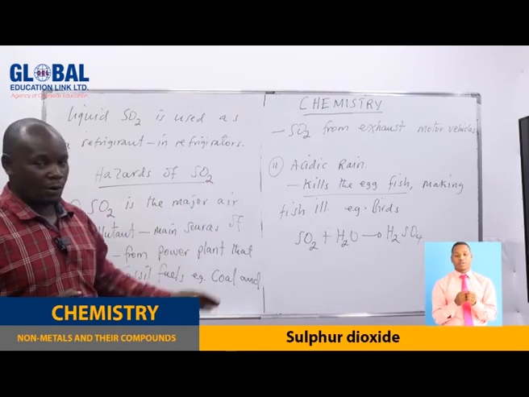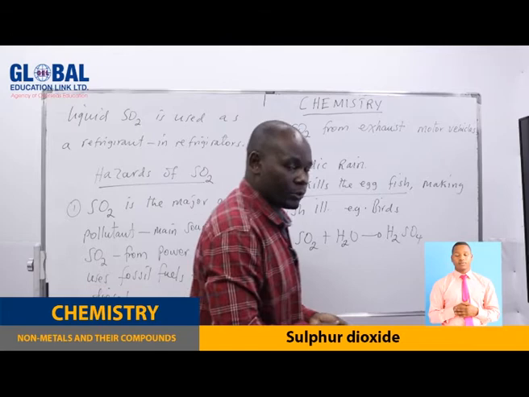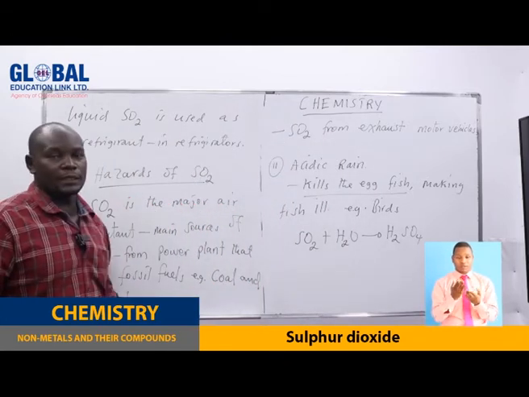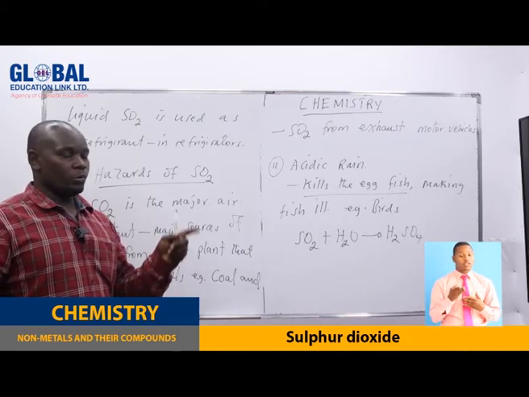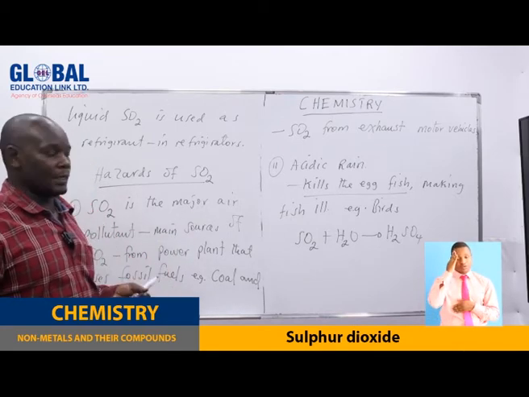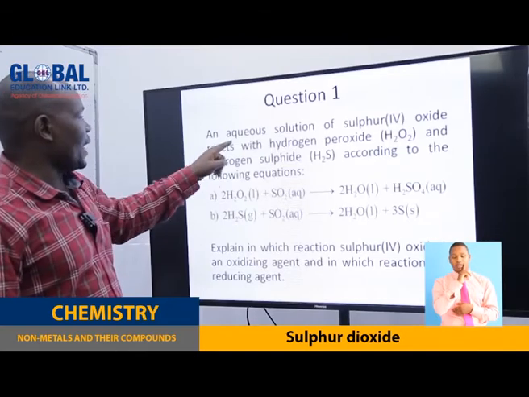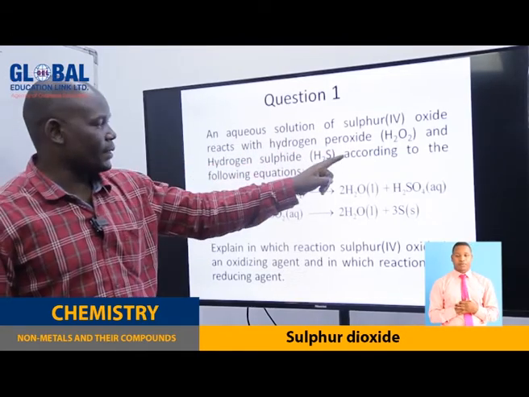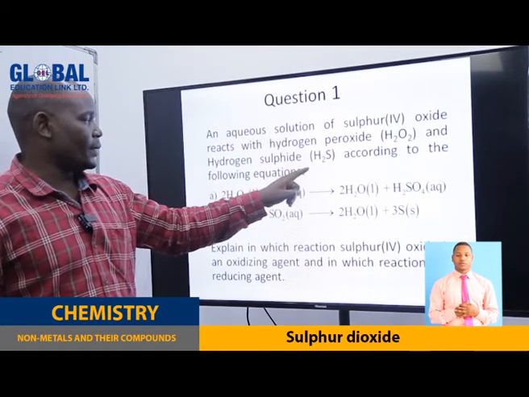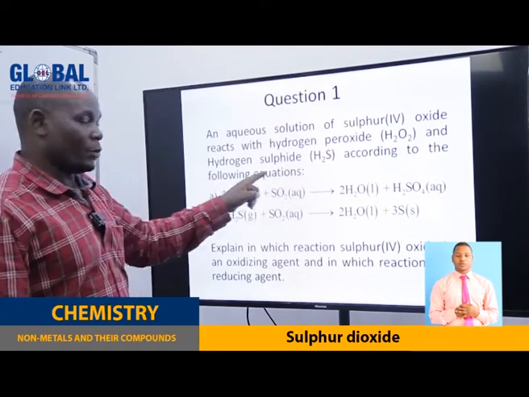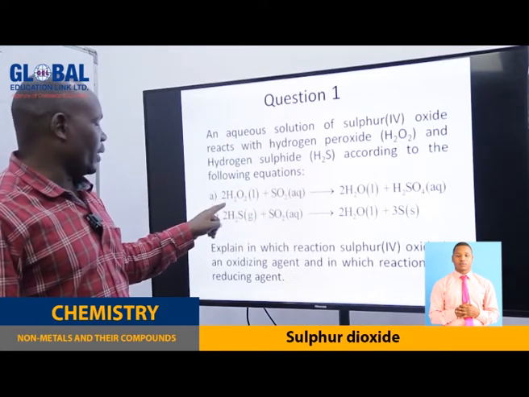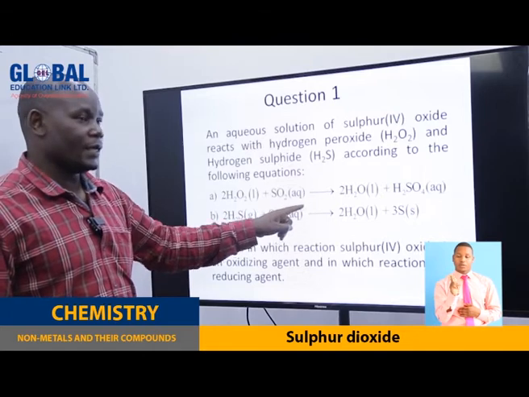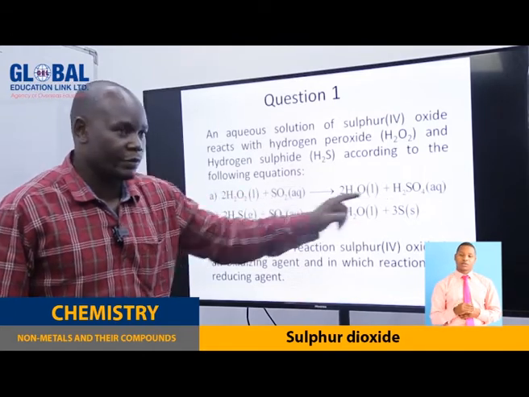So from there now, I'm sure you have enjoyed the lesson. So let us now discuss some questions that need you to use the knowledge that we have discussed in answering them. An aqueous solution of sulfur dioxide reacts with hydrogen peroxide and hydrogen sulfide according to the following equations. Equation 1 is the reaction between hydrogen peroxide and sulfur dioxide to form water and sulfuric acid.